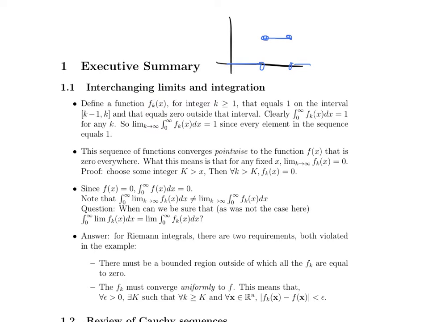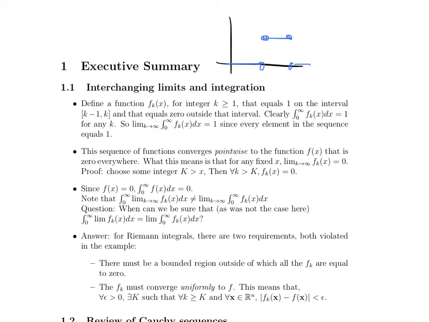Right? Eventually, yes, for a moment, the function will be 1 on that interval, but it will be 0 forever after. So pointwise, the function for a particular x value has a limit of 0.